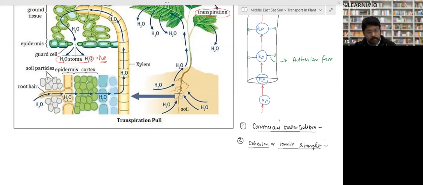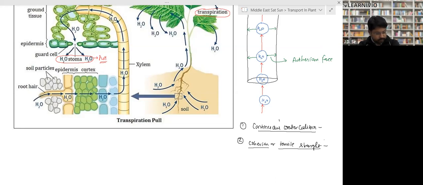Full stop. The water column can bear a tension or pull up to 100 atmospheres.